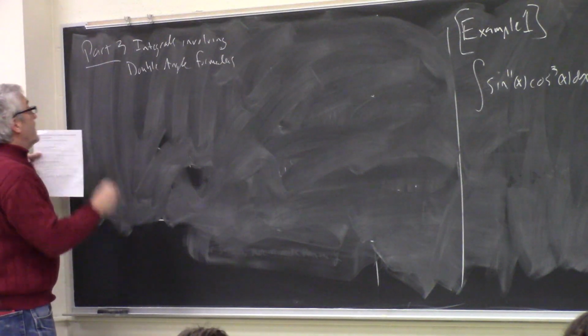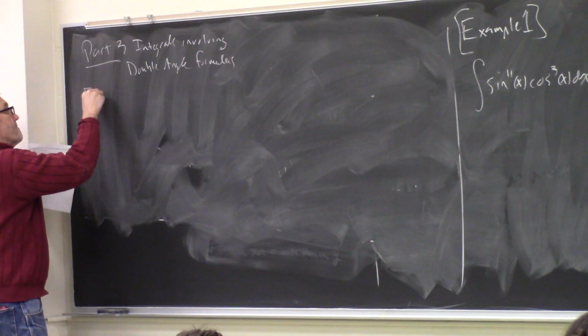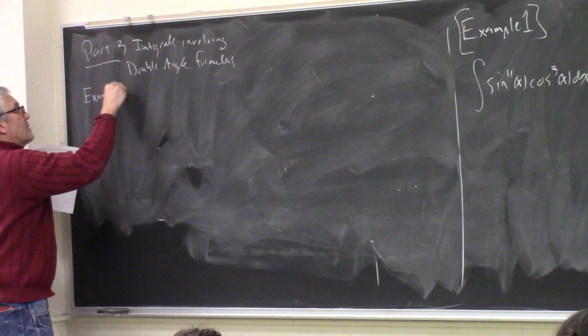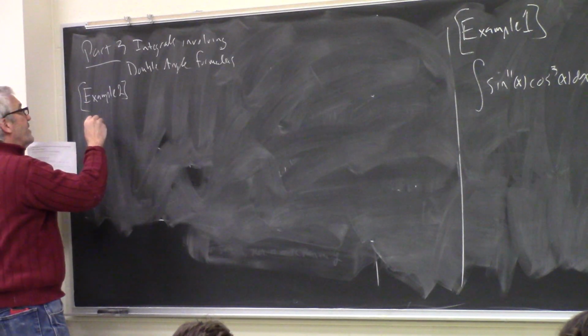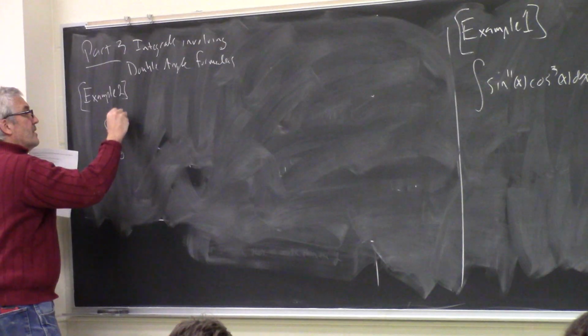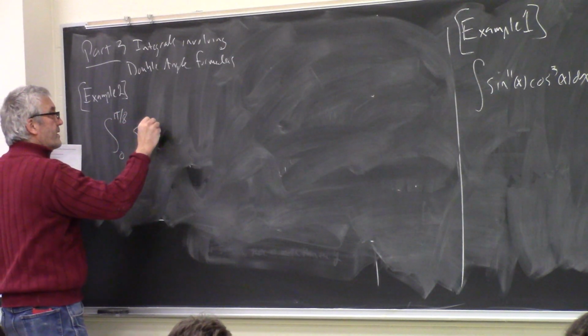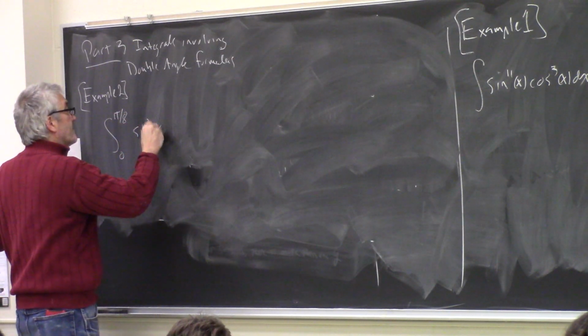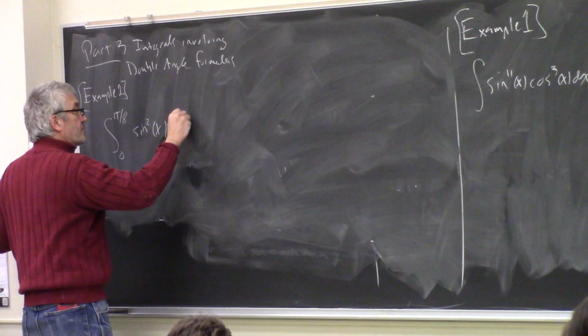So here's one. Example 2 is this definite integral. Integral from 0 to pi over 8 of sine squared x cos squared x.